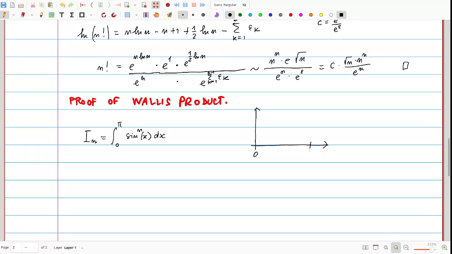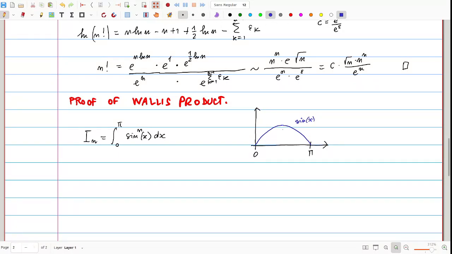Here we have the interval 0 to pi, and we have the sine here. So this is sin of x, and then we have the powers of this.